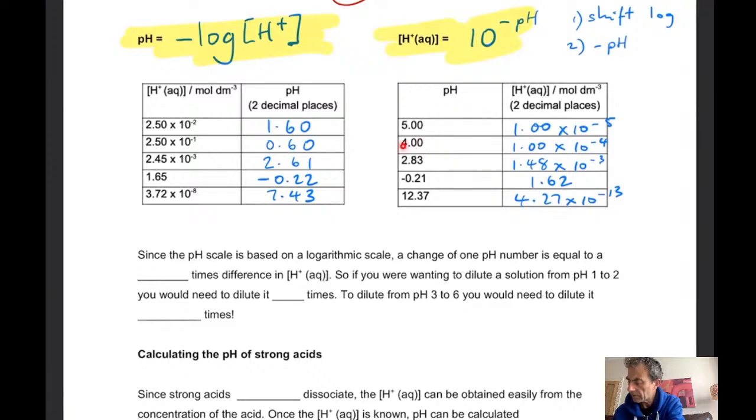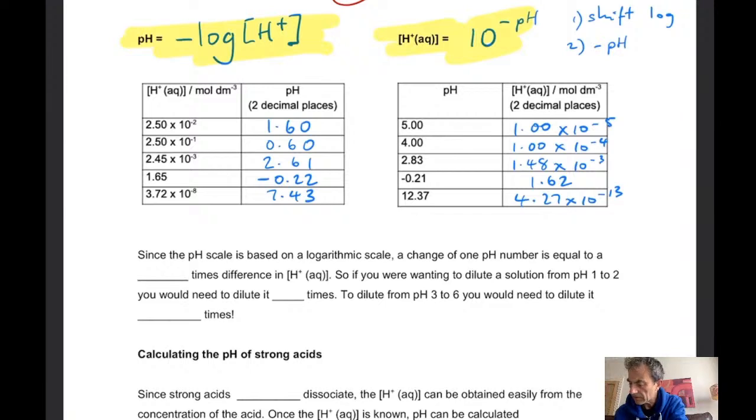So pH 4 has a hydrogen ion concentration of that. pH 5 has a hydrogen ion concentration of that. So hopefully you can see the link. The difference of 1 pH unit is a 10-fold difference in concentration of H+, because you're going 10 to the minus 5 to 10 to the minus 4. And that's because it's all based on this log 10 scale.